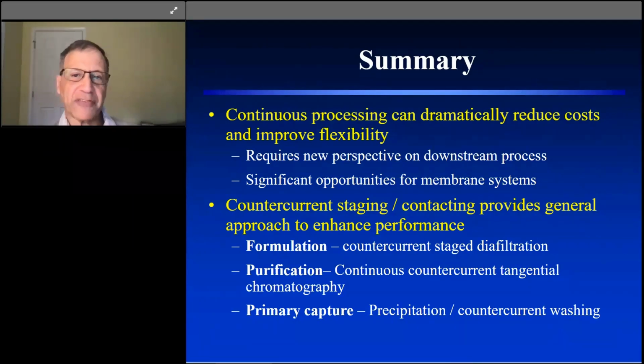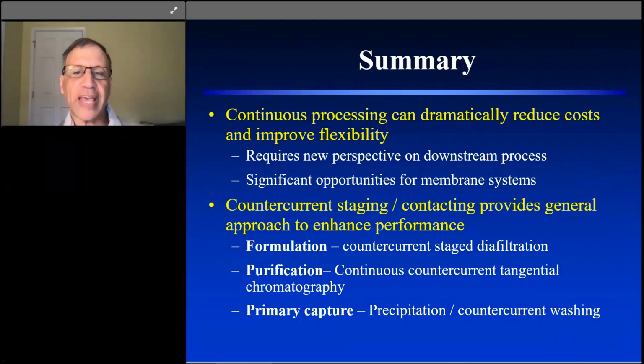Continuous processing as a strategy has the potential to dramatically reduce the cost and improve the flexibility of biomanufacturing processes. It does require a new perspective on the downstream process, and much of this provides new opportunities for the design and development of novel membrane systems.